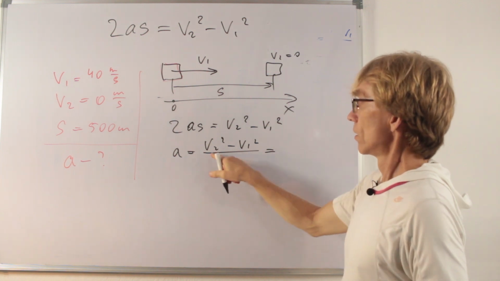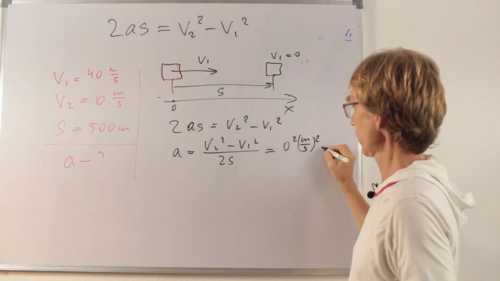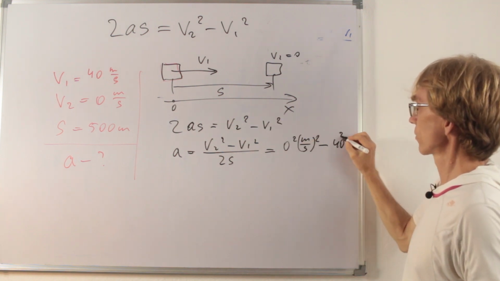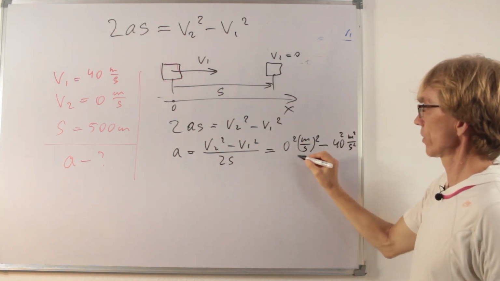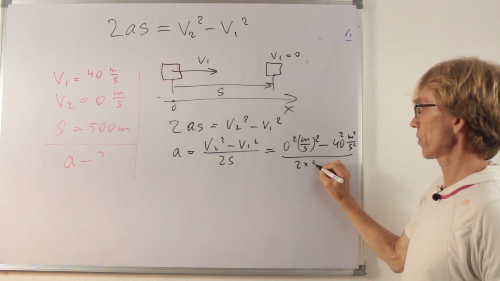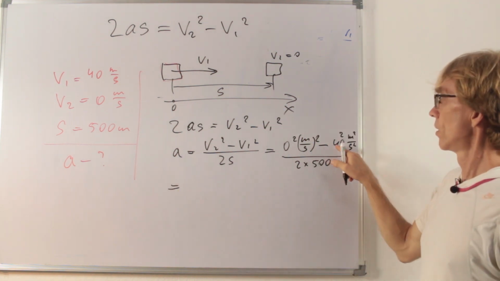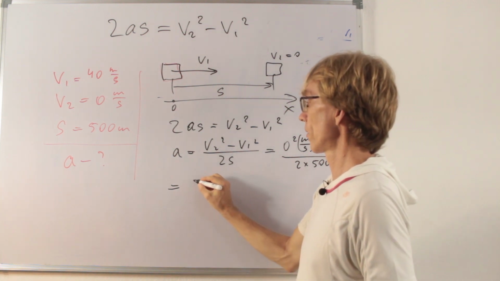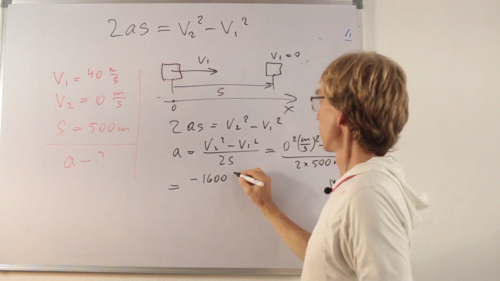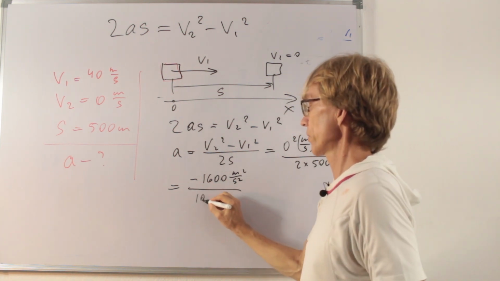So final velocity is 0 squared meters per second squared, it's anyway 0, minus 40 squared meters squared per second squared, divided by 2 distances, 2 multiplied by 500 meters. 40 squared is 1600, and below we have 1000 meters.